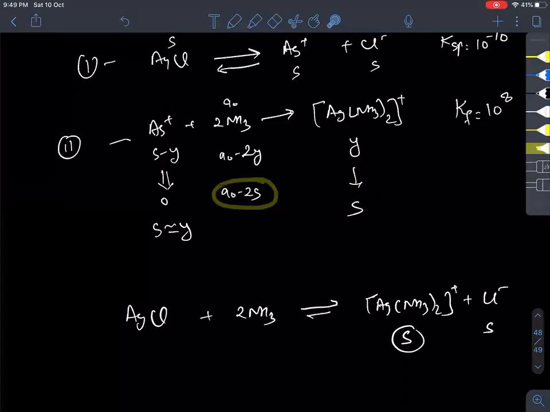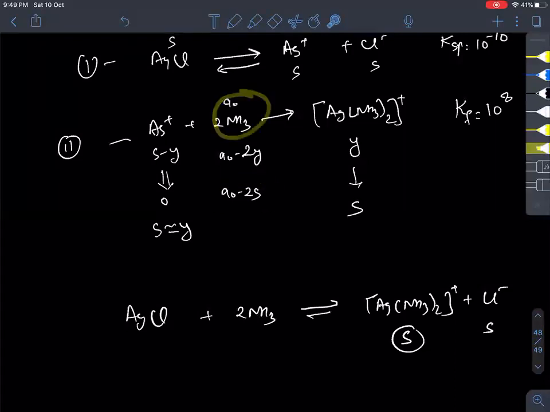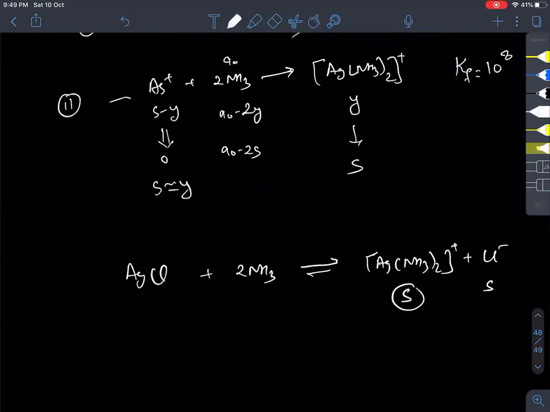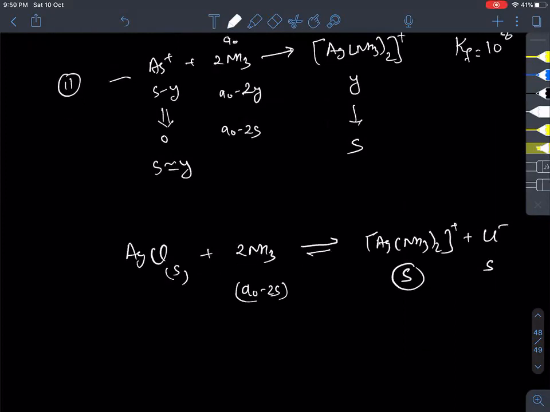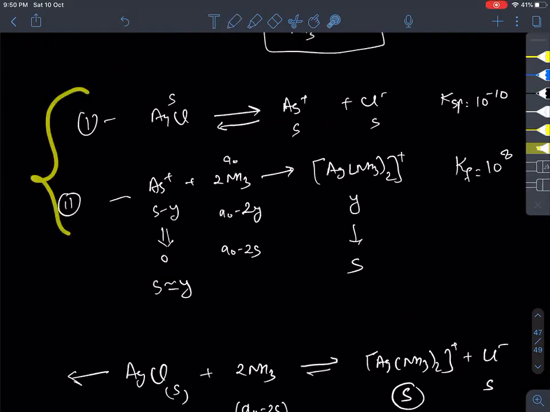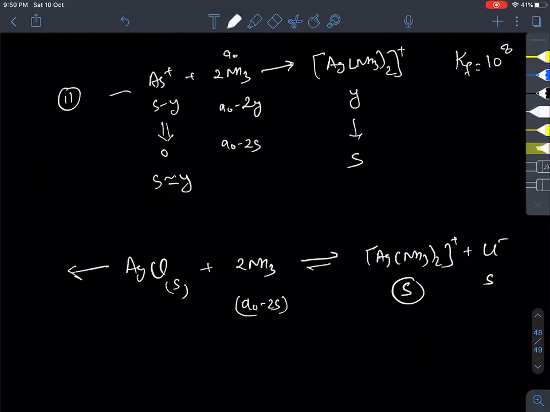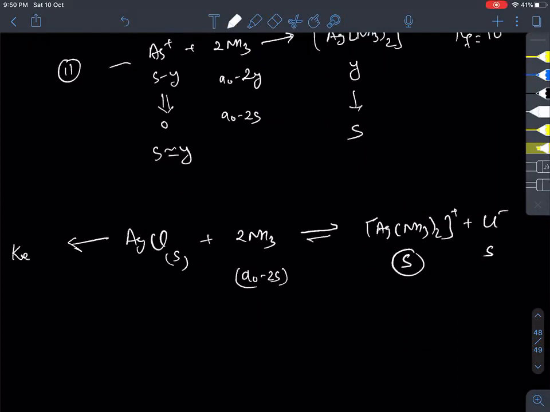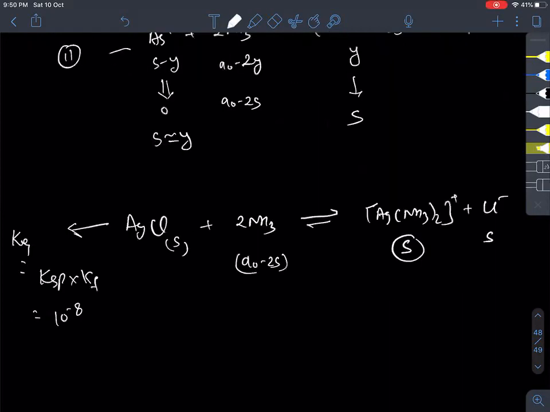Right? So depending on the concentration of ammonia which is there, you can solve it. And this is a solid. And what will be the equilibrium constant for this? Because you added these two, it will be a product of these two. So the equilibrium constant for this will be the product of Ksp into Kf, which will be 10 to the power minus 8 into 10 to the power plus 8 into minus 10.